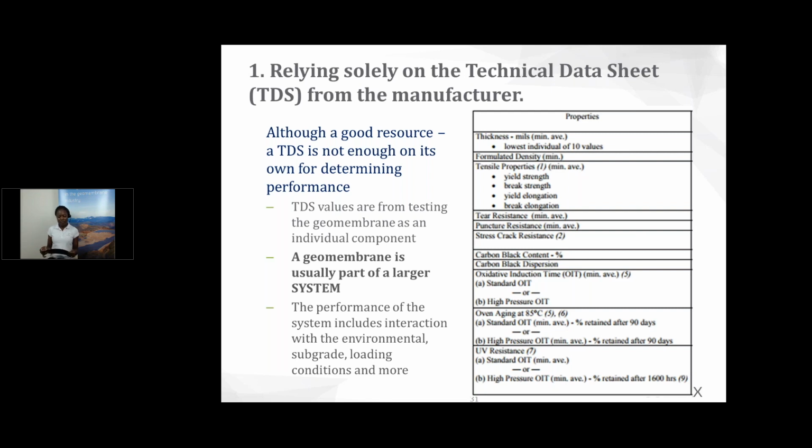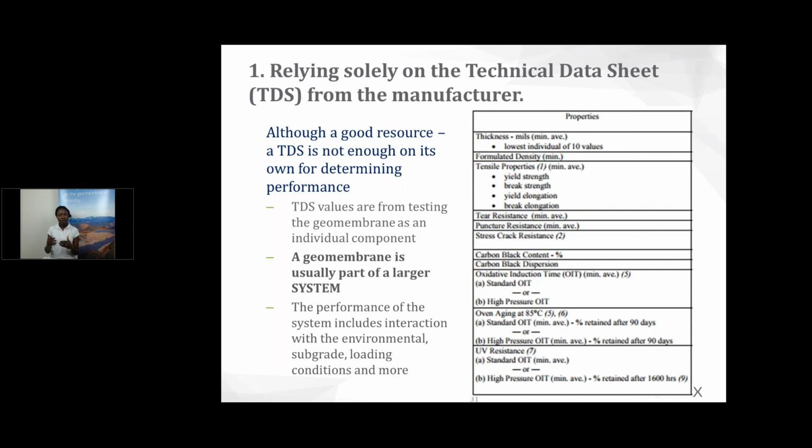So say the tensile test method, you're supposed to pull the geomembrane at a certain gauge length. Some manufacturers may change the gauge length just to pull the geomembrane more so that they can report a higher value. So it's not really good for comparing apples to apples.